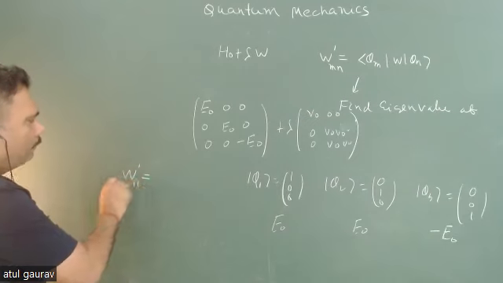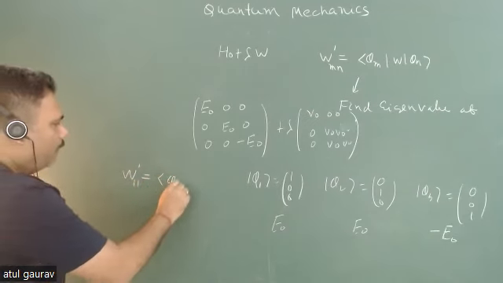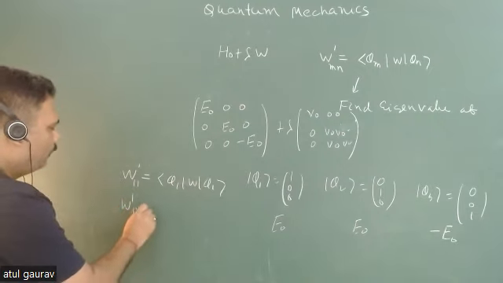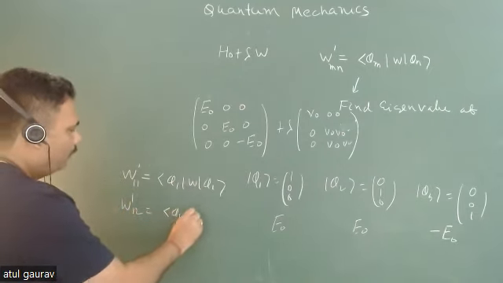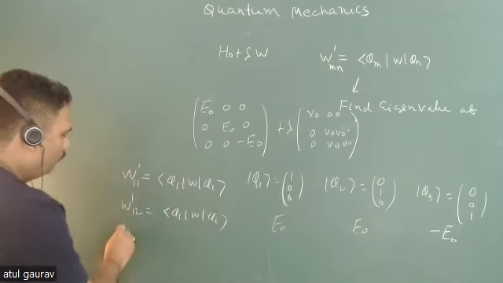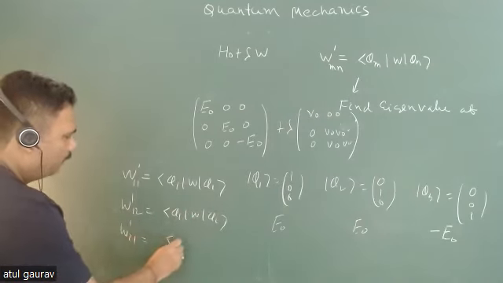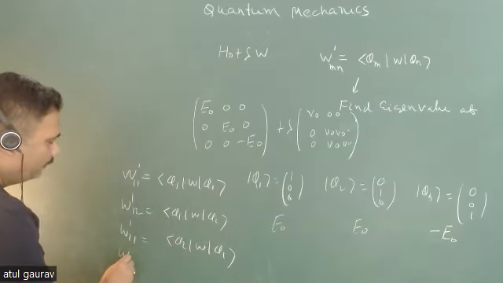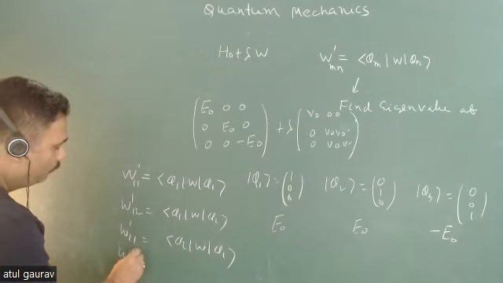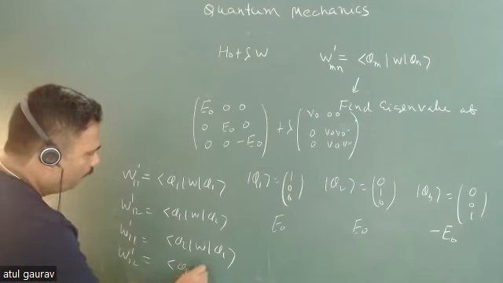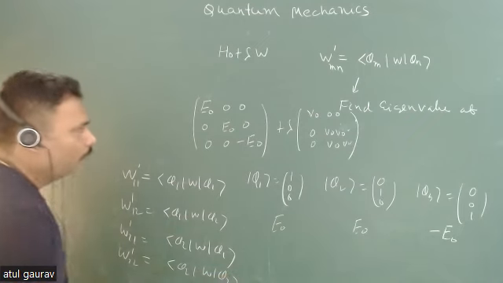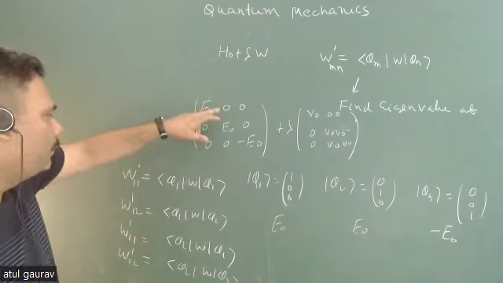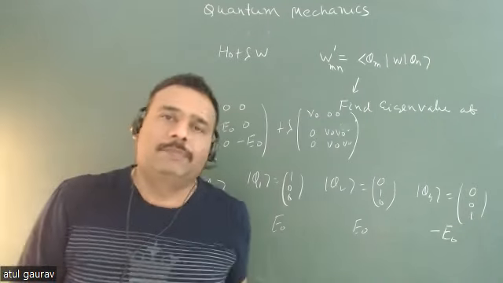So you have to calculate W dash 1 1, that is phi 1 W phi 1, W dash 1 2, that is phi 1 W phi 2, W dash 2 1, that is phi 2 W phi 1, and then W dash 2 2, which is equal to phi 2 W phi 2. So the degeneracy is in a 2 cross 2 space, so W dash will also be a 2 cross 2 matrix.